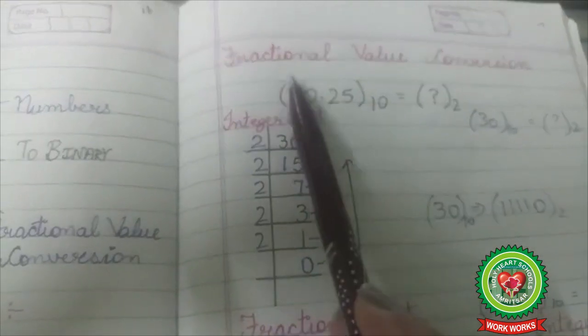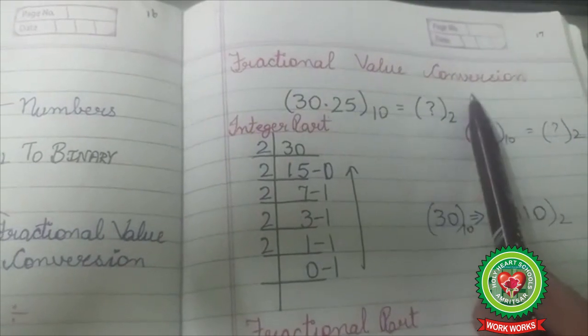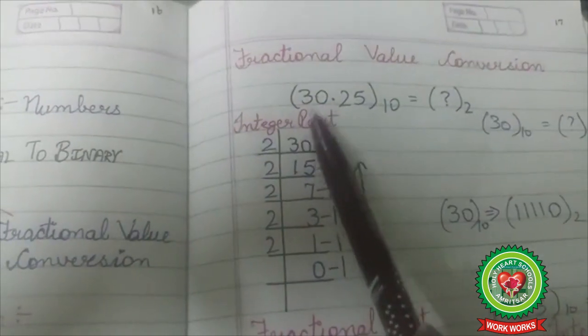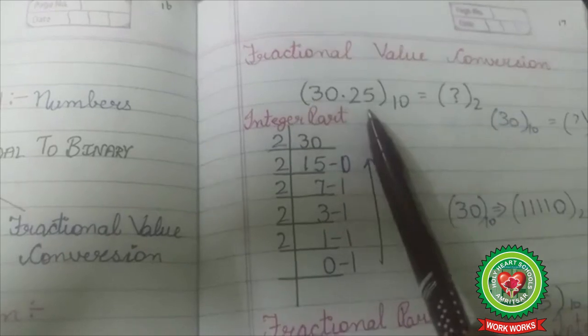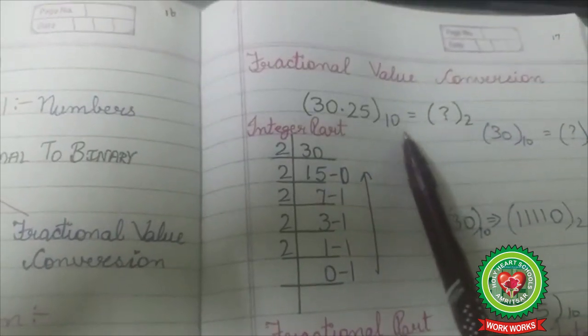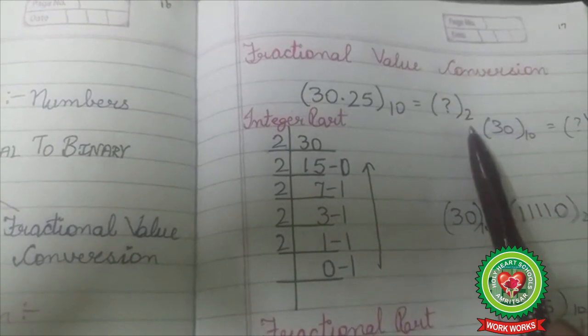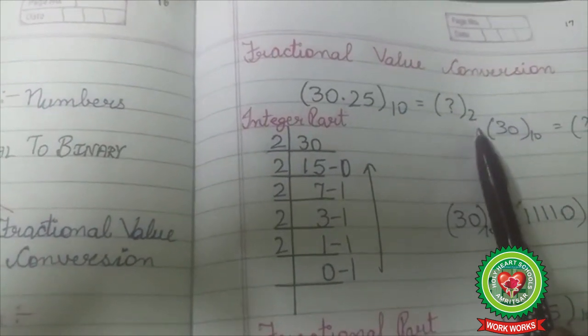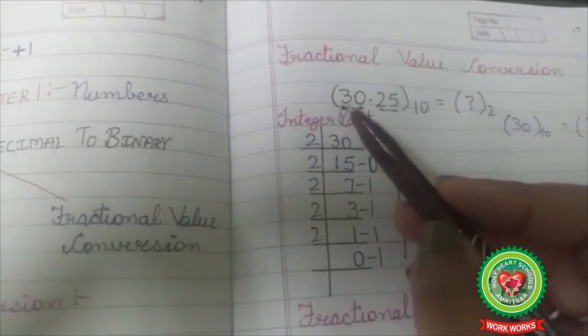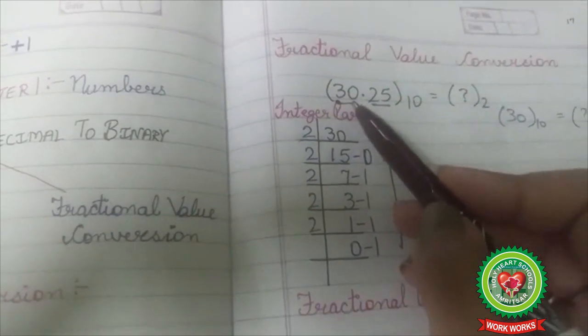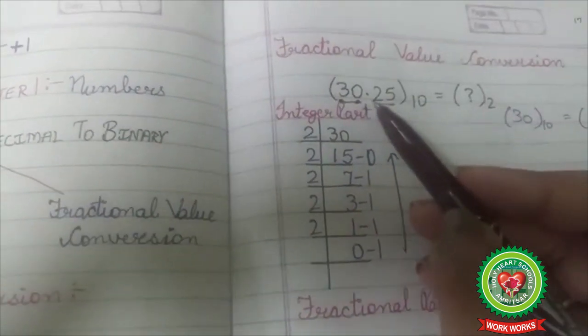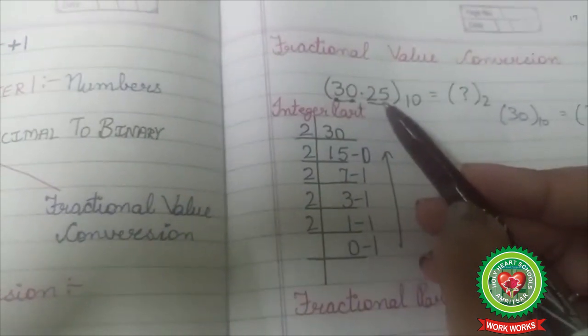Next topic is fractional value conversion. Here the number 30.25 is a decimal number as the base is 10, and we are going to convert it into a binary number. The base is 2. This number has two parts: 30, that is the integer part, and 0.25 is the fractional part.